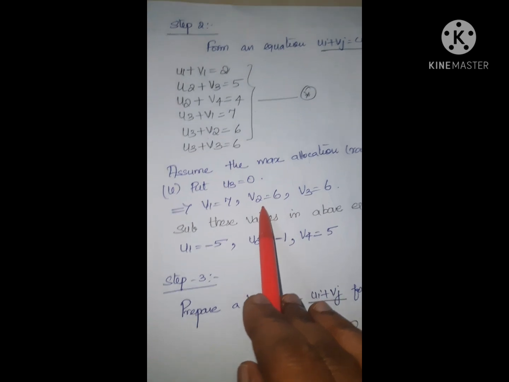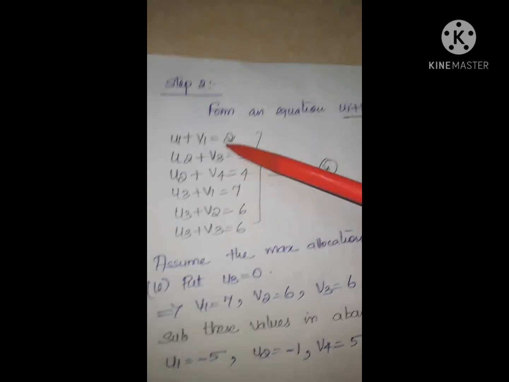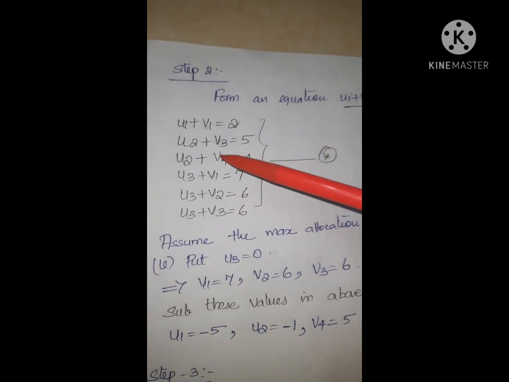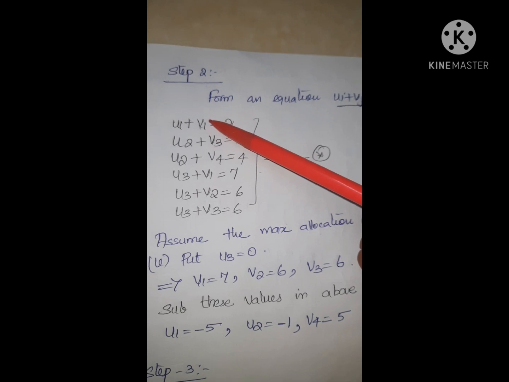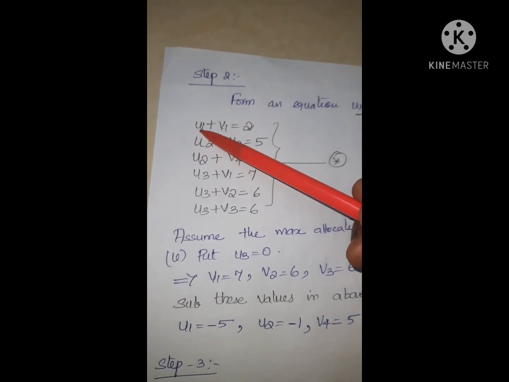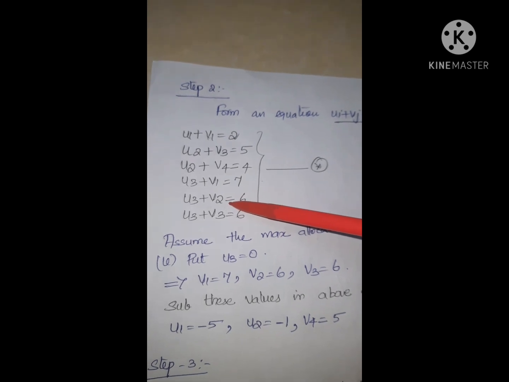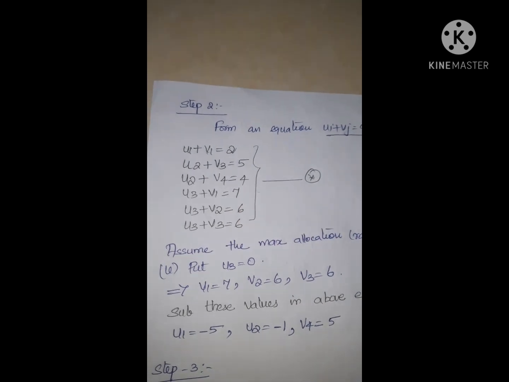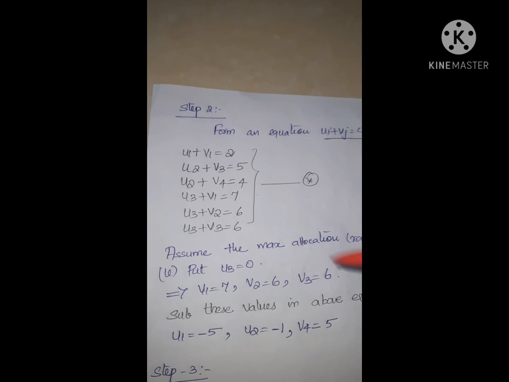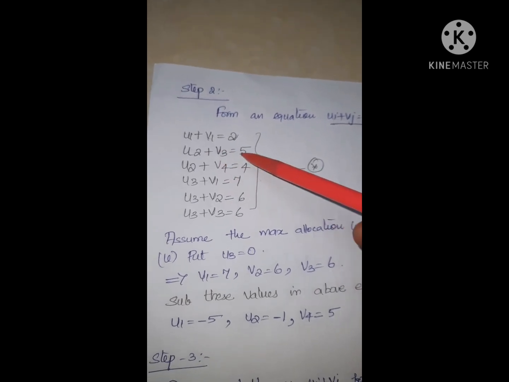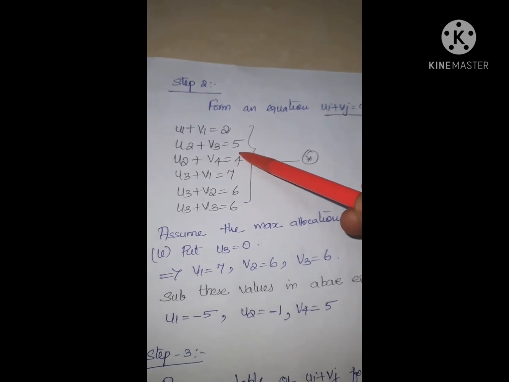Subsequently, substituting the v1, v2, v3 values in the other equations, we will be able to get the rest. When I substitute v1 equal to 7, I arrive at u1 equal to minus 5. When I put v2 equal to 6, or to get the u2 value, when I put v3 equal to 6, we get u2 equal to minus 1.